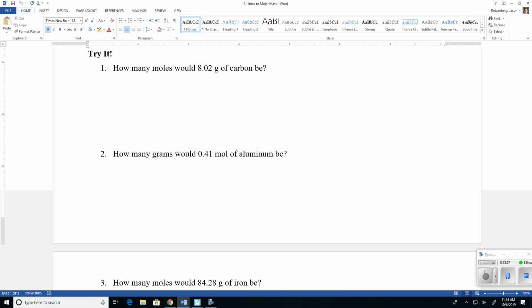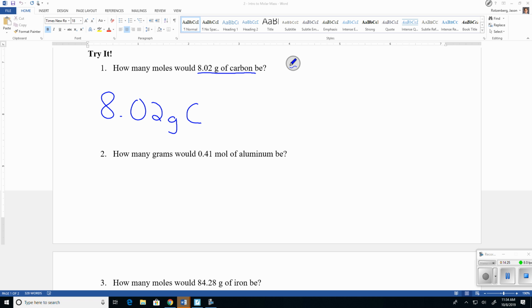So, if I look at question number 1, it says, how many moles would 8.02 grams of carbon be? Again, I'm given 8.02 grams of carbon. Rewrite that number right away. And again, I like to write down the symbol because if you're going from grams to moles on the periodic table, you need your periodic table.